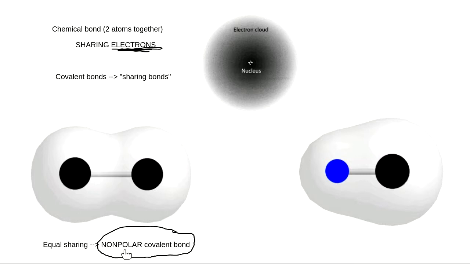If I am not sharing my electrons equally, what do I call it when it's unequal sharing? What kind of bond is an unequal sharing bond? Yeah, now it is a polar covalent bond. Polar covalent bond. Because this polar word means unequal. Covalent still means it's a sharing bond, but again, polar means unequal sharing.